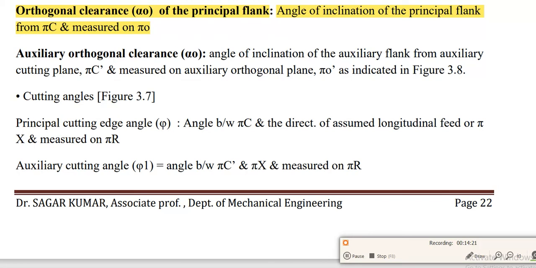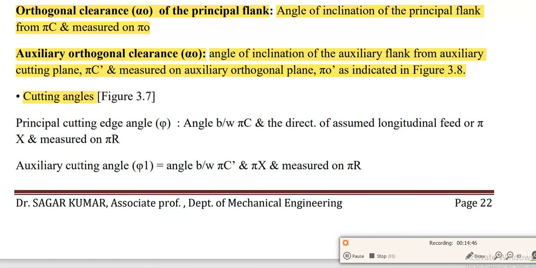And what is the auxiliary orthogonal clearance alpha dash naught? From this figure we can observe that it is the angle of inclination of the auxiliary flank from the auxiliary cutting plane pi c dash, and that will be measured on the auxiliary orthogonal plane pi naught dash.